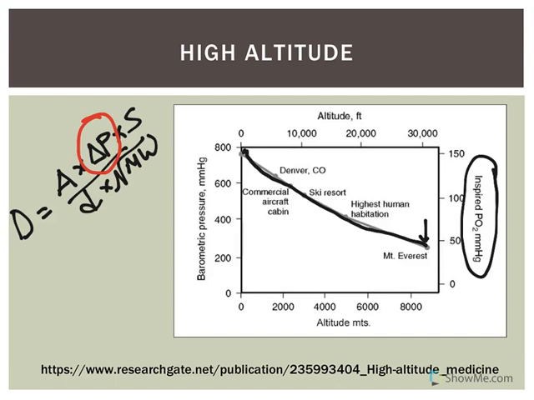So the pressure difference between what you have in the alveoli and what's in your blood is actually going to be decreased. That will decrease the rate of gas exchange. And that's what can happen at higher altitudes, and that could lead to high altitude mountain sickness as a result of it.